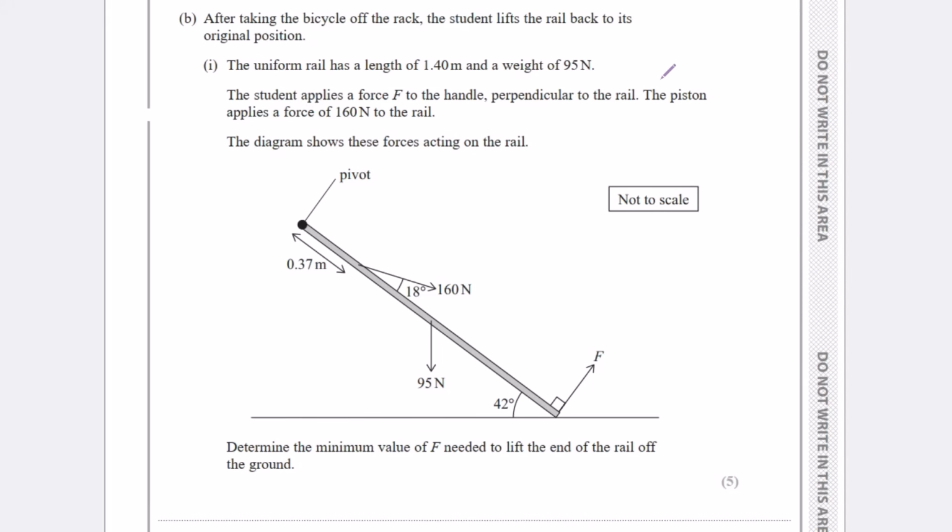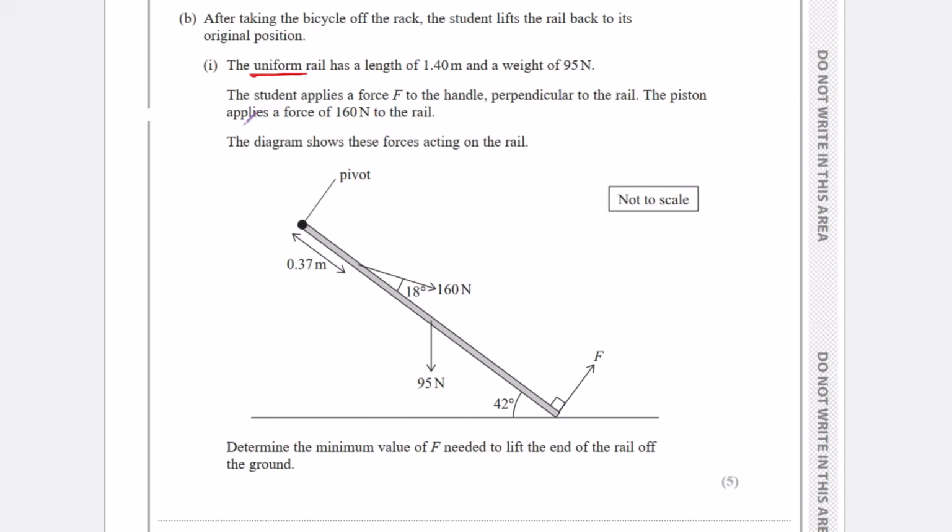Question B says, after taking the bicycle off the rack, the student lifts the rail back to its original position. The uniform rail has a length of, okay, so this part is important. It is uniform, meaning the weight acts through the center of gravity, and the center of gravity lies in the geometric center.